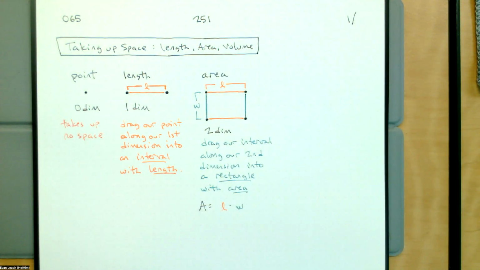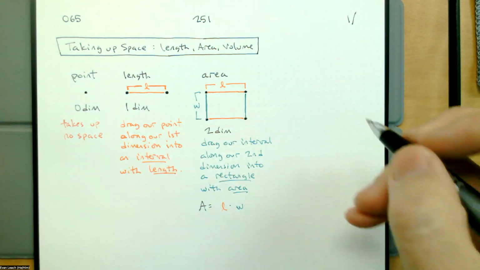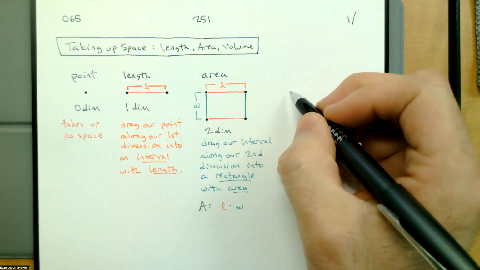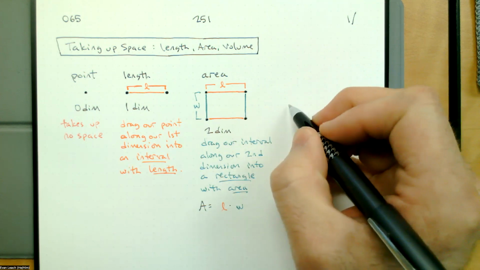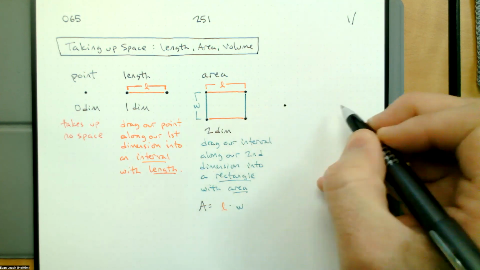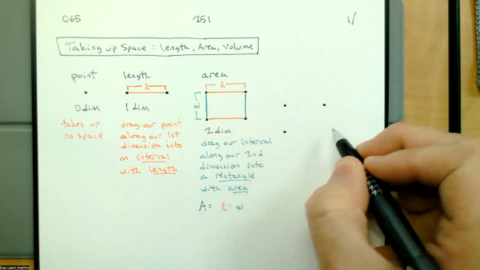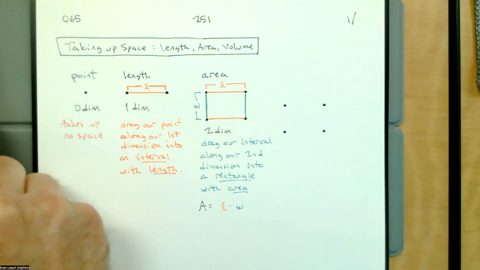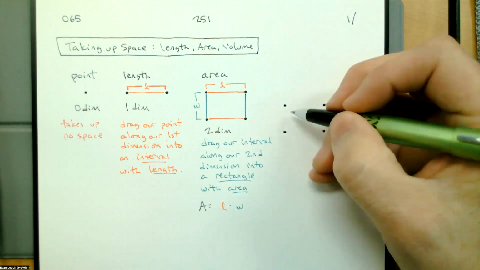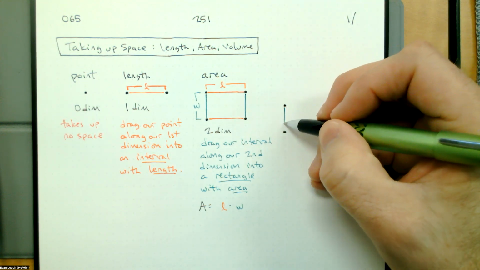We're going to build volume in the exact same way. We're going to take area and drag it through a third dimension. So here is our rectangle.